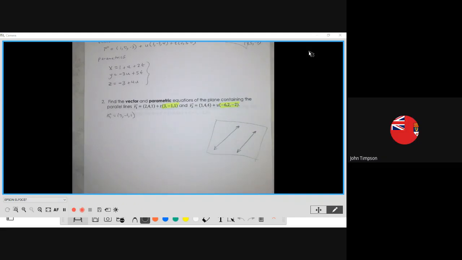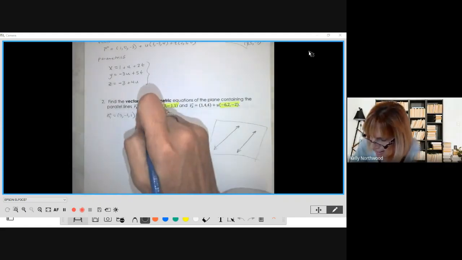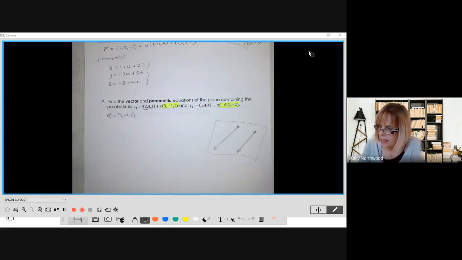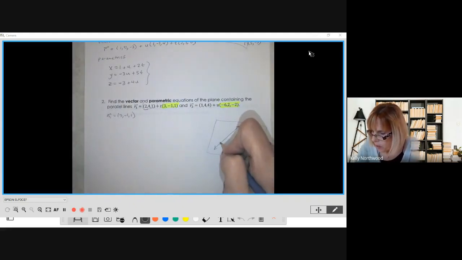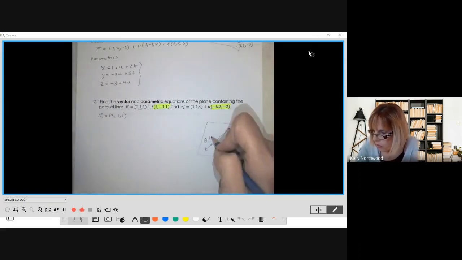Like, kind of like the perpendicular line, you could do a line between the 2 points. Right. So good. So we know a point on this line for sure. I'm going to call that point Q1, Q subscript 1. So we know a point on this line here is 2, 4, 1.